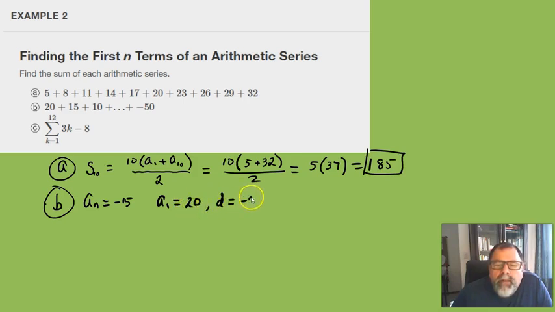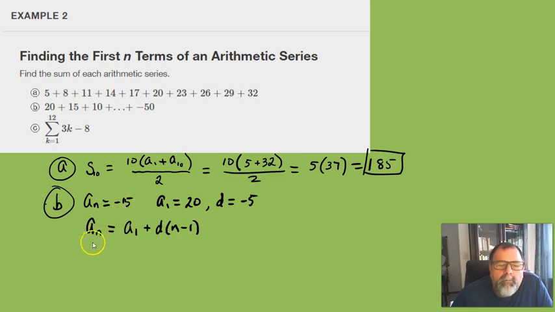D is negative 5. And if we use the formula for arithmetic sequence, A sub n is equal to A sub 1 plus D times n minus 1.